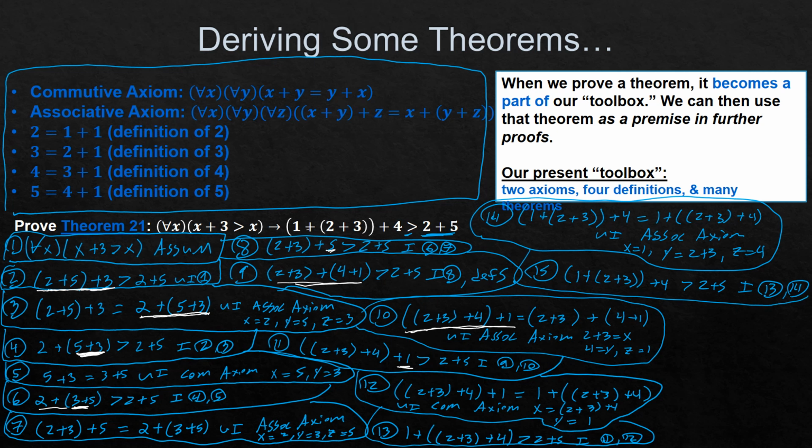And now, because we've reached that consequent outside the quarantine for line 16, we can say therefore it does follow for all x, if x plus 3 is greater than x, then (1 plus (2 plus 3)) plus 4 is greater than 2 plus 5. And that's based on a conditional proof with lines 1 through 15. And that is our final answer.